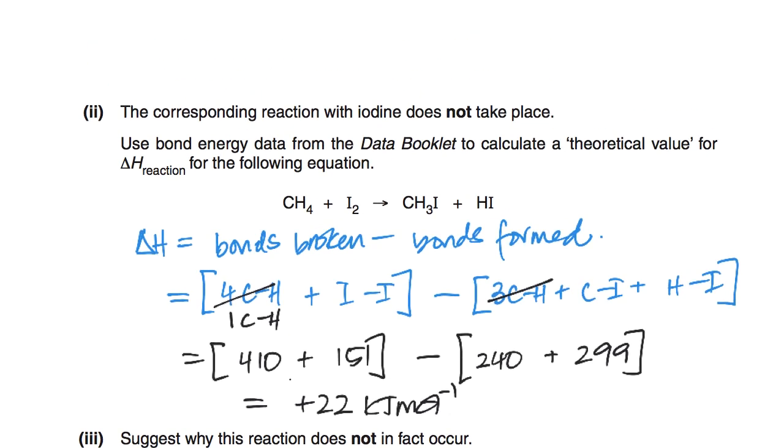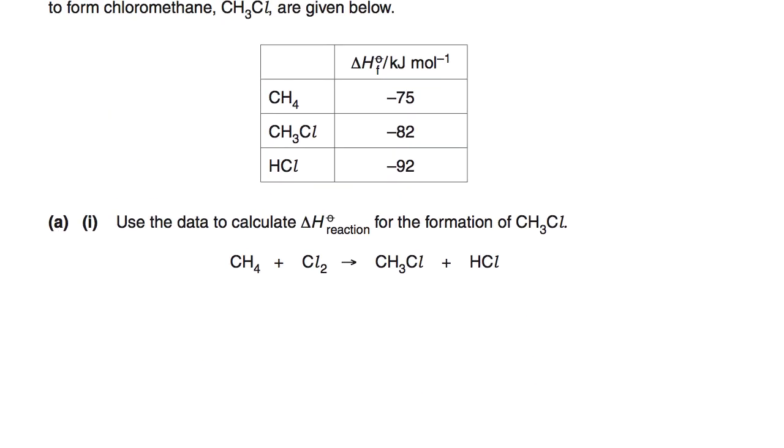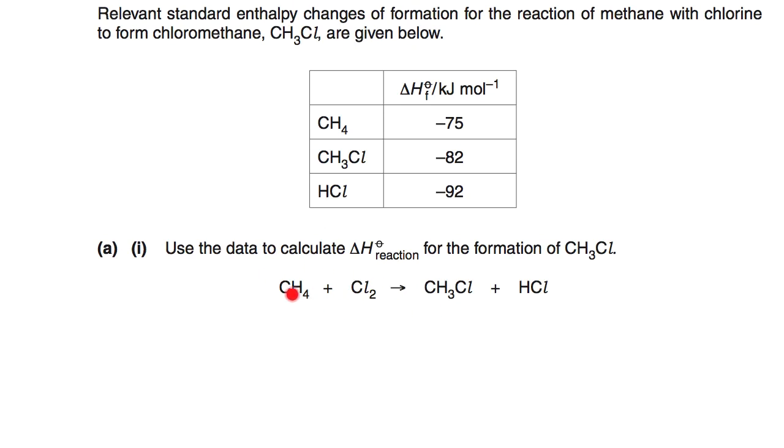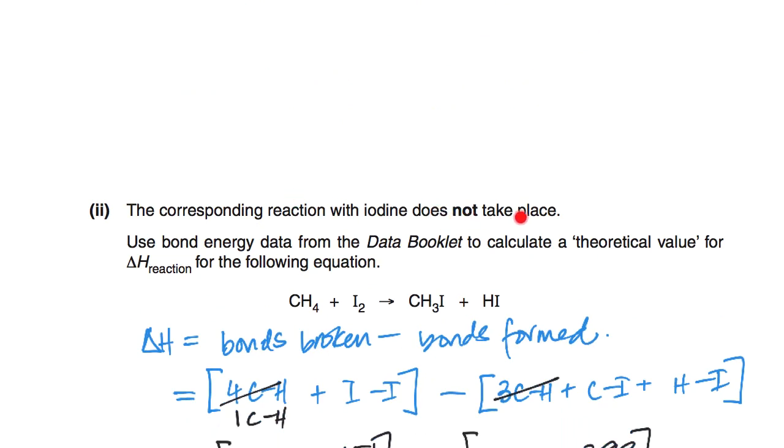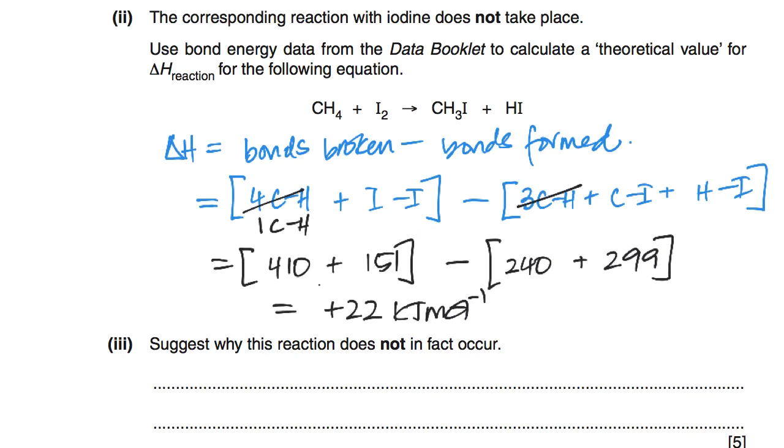If I were to scroll up, this reaction we know occurs because we've done this in free radical substitution. And then it says this reaction does not take place, but find the theoretical value of the reaction. When I look at this, the value is plus 22. And then after doing both the parts, now they're saying, tell me why this doesn't take place. And so it will be to compare this with the previous reaction.